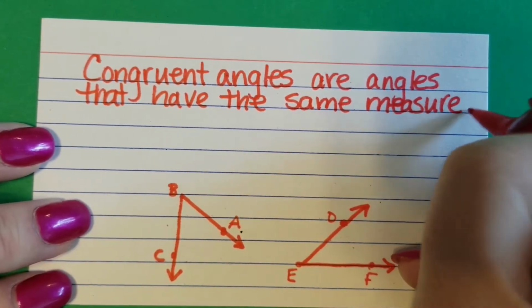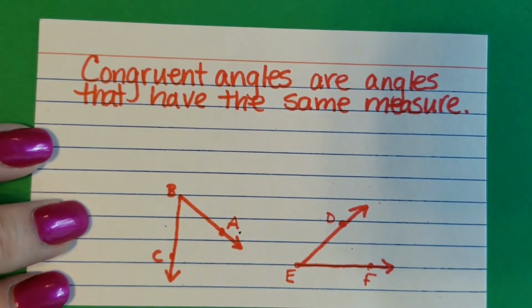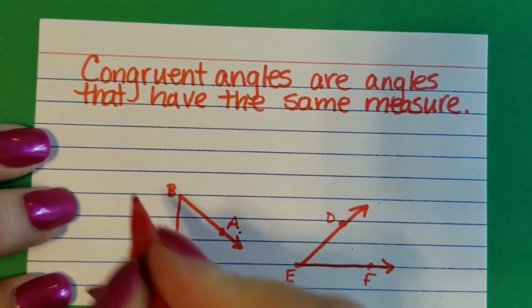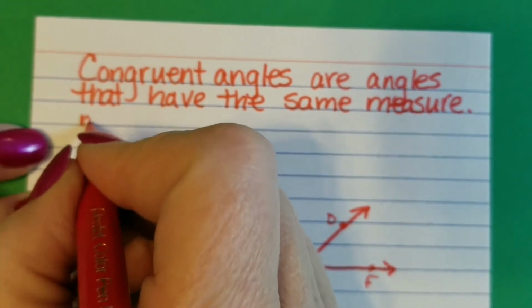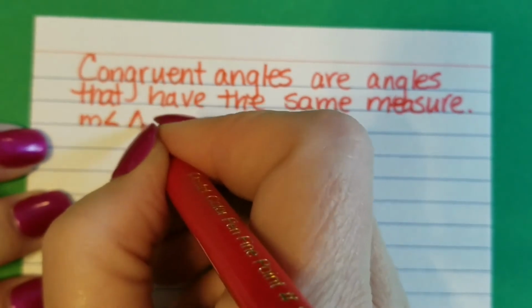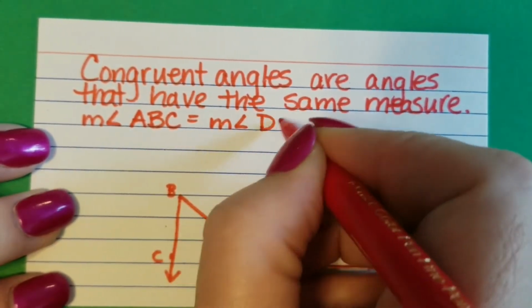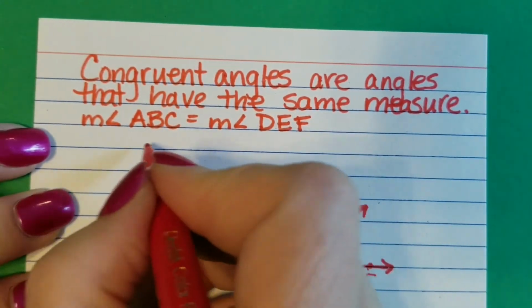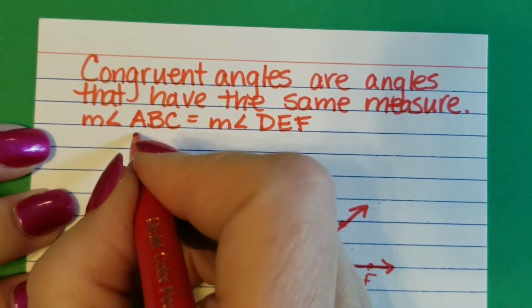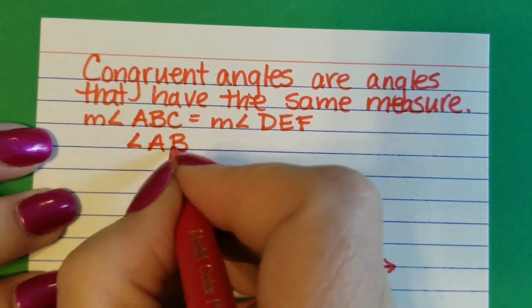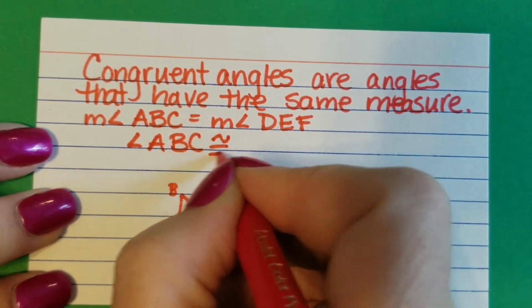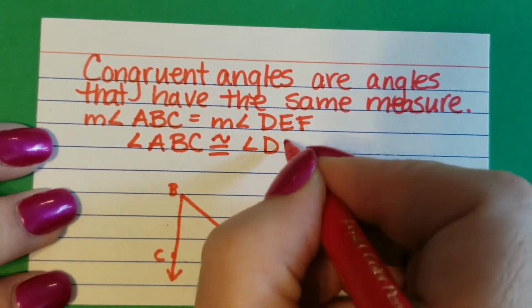So if I have these two angles, ABC and angle DEF, and I'm told that the measure of angle ABC is equal to the measure of angle DEF, then I can say that angle ABC is congruent to angle DEF.